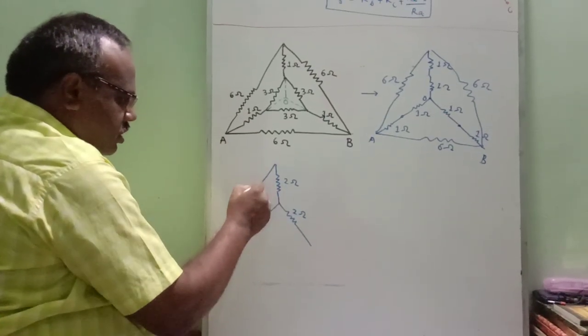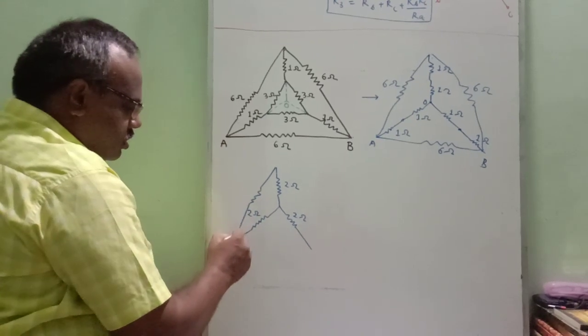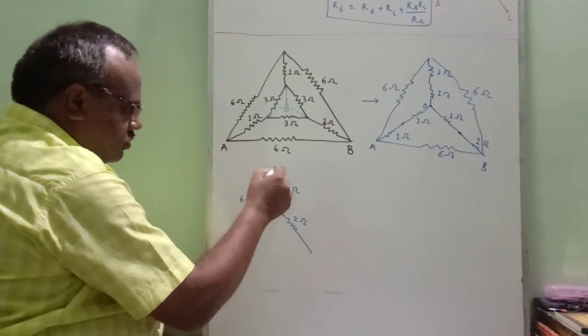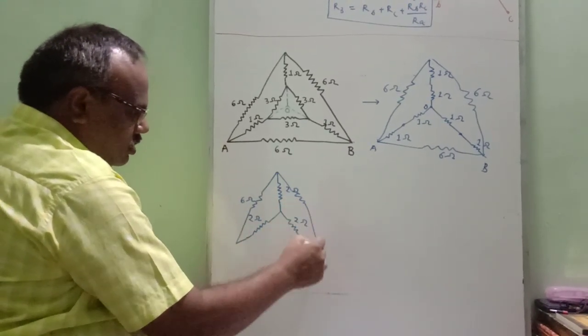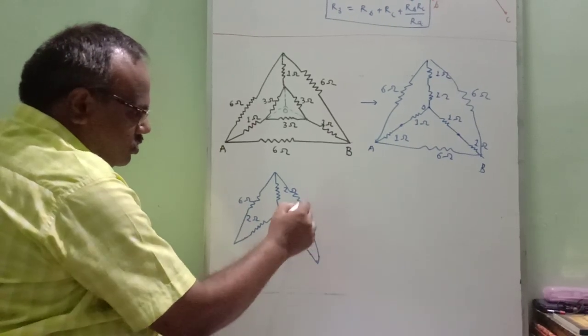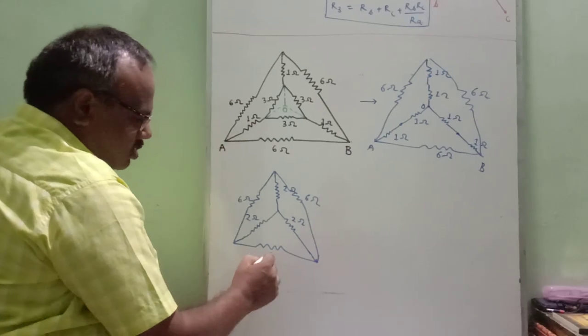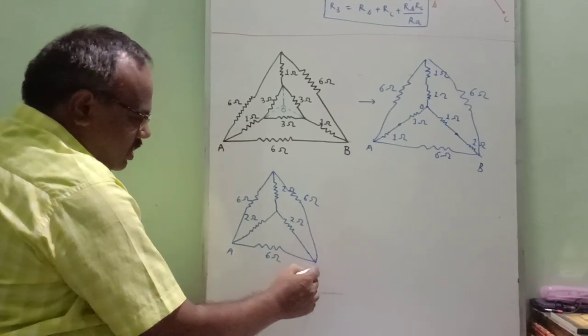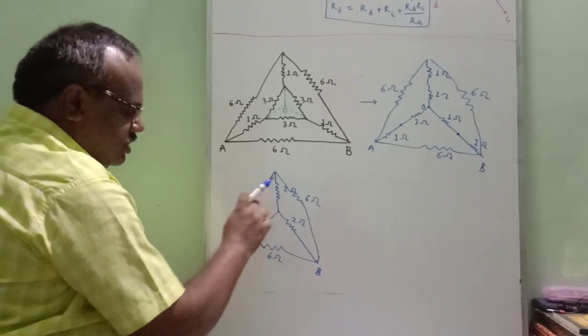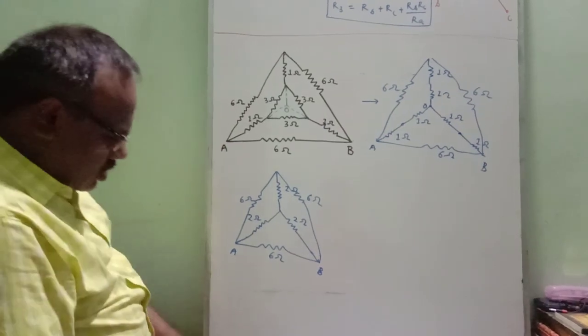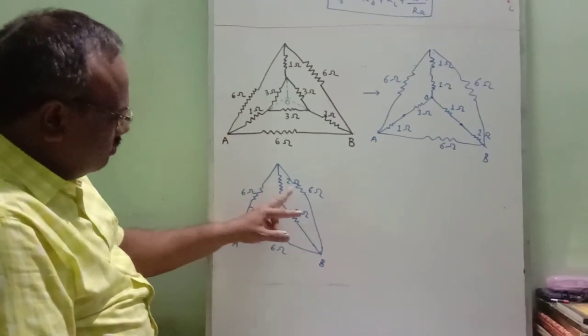Now this is 6 ohm, this is also 6 ohm, and here this is 6 ohm. It will be as it is. Now you see, we are getting here 3 delta.